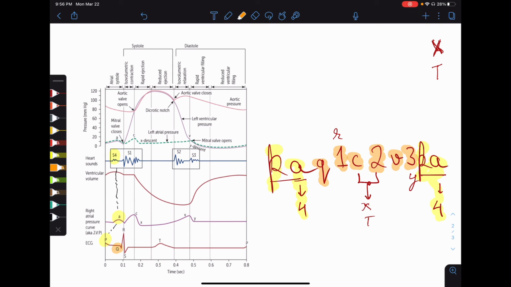Q is 1, C wave, then 2, then V, and then 3. See what sequence I have written here. You can easily see quick to V3 in a sequence, and here everything is going in a sequence.